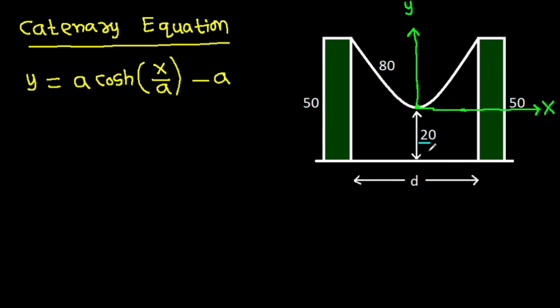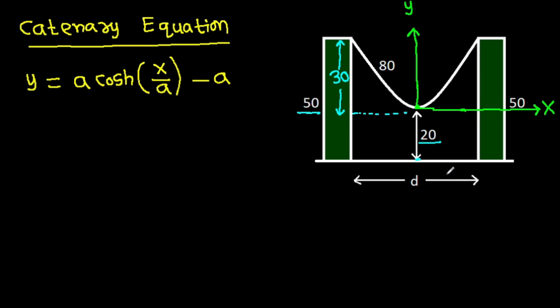and this distance is 20, this distance is 50, so this distance will be 50 minus 20, that will be 30.